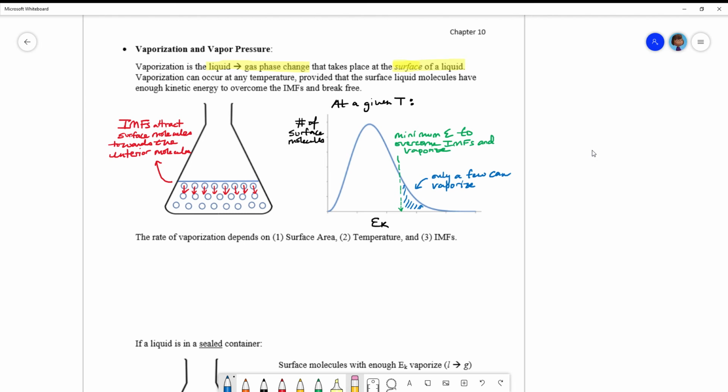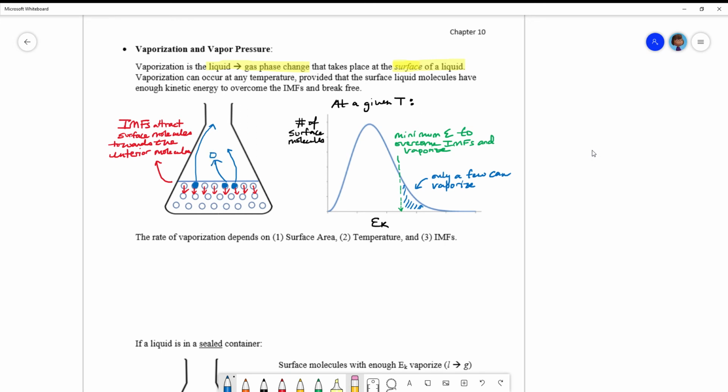So if we go back to our surface, let's suppose this little molecule has high enough kinetic energy, or this one has high enough kinetic energy to overcome and break free of those red intermolecular forces pulling it back. Well, these can break free. So I'm free, and this one's free, and I'm free. And okay, well, now we can see.